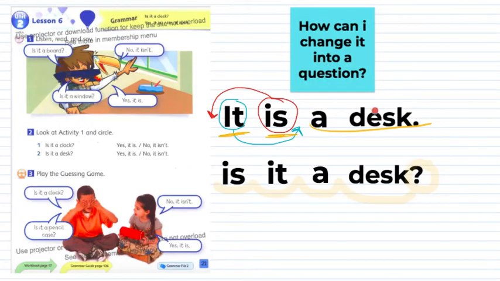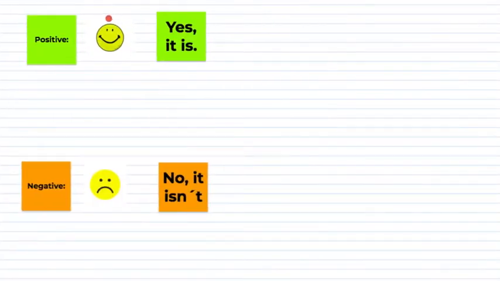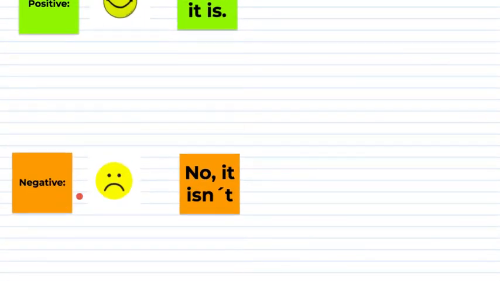So what about if I want to answer that? Is it a desk? It is a desk. We have the sentence. But what about, is it a desk? I want to answer this question. So we have two options to answer this. We have the positive one, that means yes, it is. Sí, sí es un escritorio, but what about if it isn't? So we have the negative form to answer this: No, it isn't.